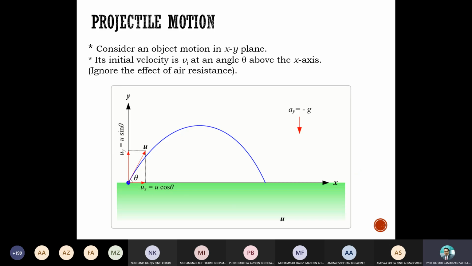Okay, so this is the situation of projectile motion. Basically, it involves the maximum height, which we call h, and also the maximum distance, or r. It moves like this, and when I freeze the motion, it looks like this.